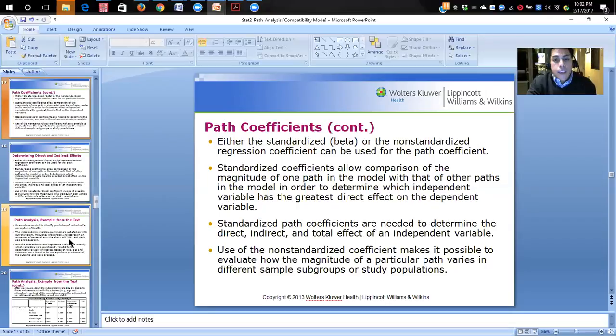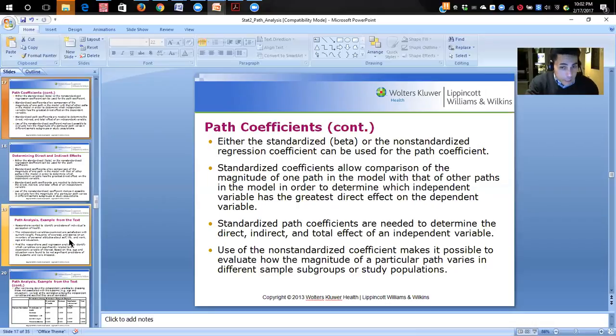And then the standardized path coefficients are needed to determine the direct, indirect, and then the total effect. This is where path analysis goes above and beyond the traditional regression analysis, because now it is looking for the total effect of the independent variable.